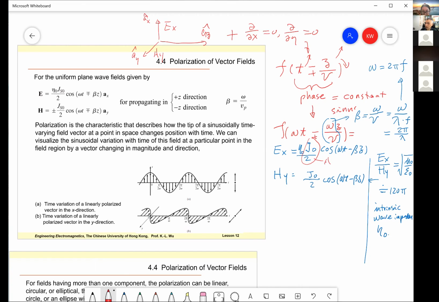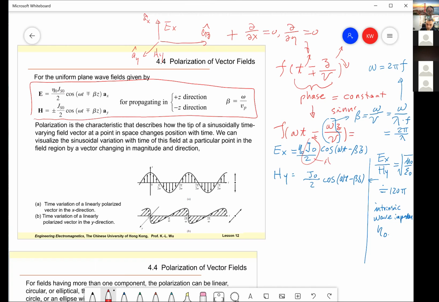This is just an arbitrary constant anyway. Now, with this, we write the plane wave. We call this a plane wave because the phase is a constant for z equal to a constant. So this is the plane equation. We have no surprise. So the electrical field and the magnetic field we can represent in this form.